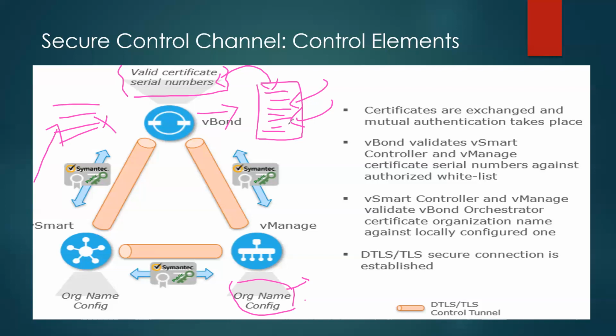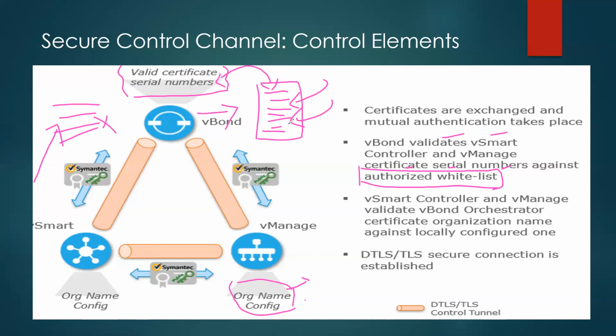So vBond is checking the certificate serial number, right? You can see vBond validates the vSmart and vManage certificate serial number against the authorized whitelist. So this authorized whitelist, from where will vBond get that? That's the question.